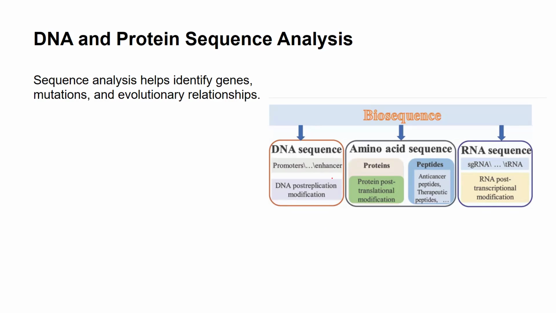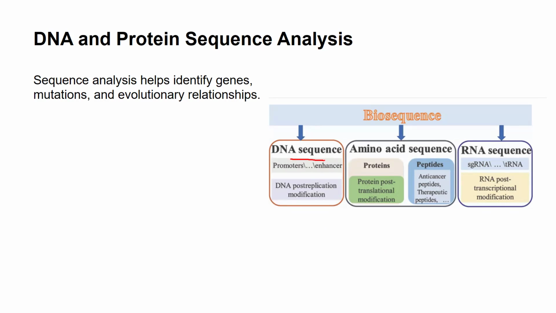This sequence analysis involves DNA sequencing. When we say DNA sequencing, it means identifying the sequence of nucleotides that are present in the DNA, and also amino acid sequencing and RNA sequencing.